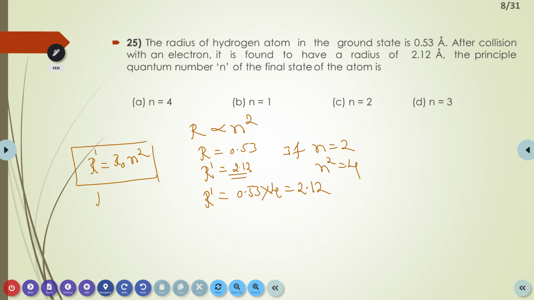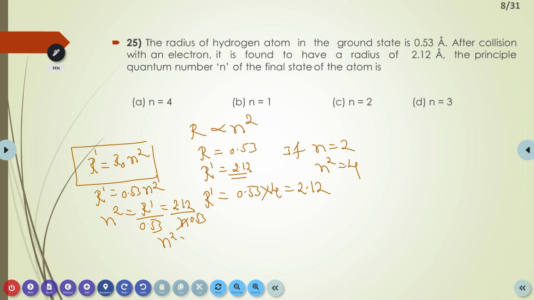What is R naught? R naught is nothing but 0.53. So R dash equals 0.53 into n square. Then n square equals R dash divided by 0.53. R dash is already given as 2.12, divided by 0.53.